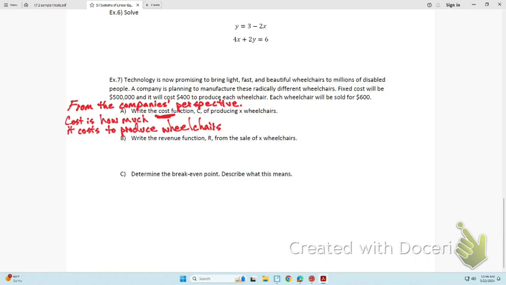So the revenue is what the customer is aware of. Revenue is how much the company brings in. In other words, what the customer pays.